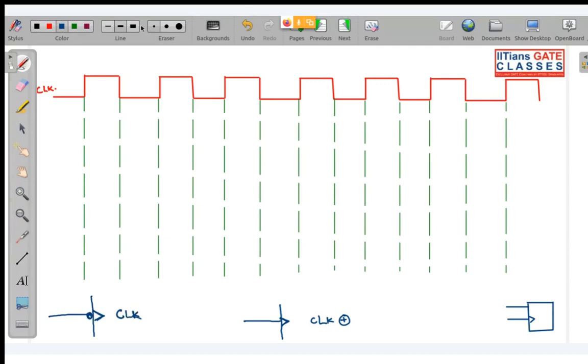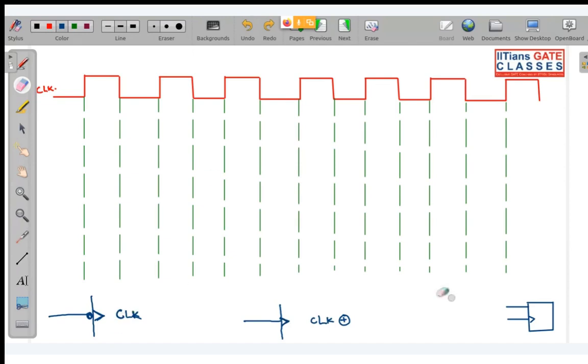If it is level triggered, then this triangle will not be present. Without the bubble, this will be a positive level triggered flip-flop, and with the bubble a negative level. So the triangle is present for edges, and if there is a bubble, that means negative edge triggered.